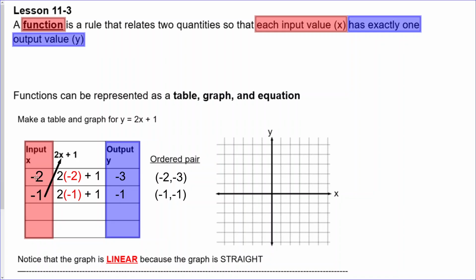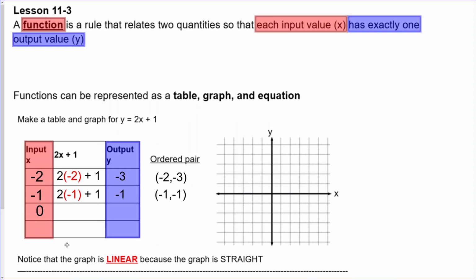If I put -2 in, again, let's just say I put -2 in on this third row right here, then I'm still going to get a -3 output, again, because we're just going to do the exact same math. So that's what they're talking about. Each input has one output. It means if I stick a -1 in, it's always going to get this -1 right here, at least for this equation, this function. Equations and functions, pretty much the exact same thing.